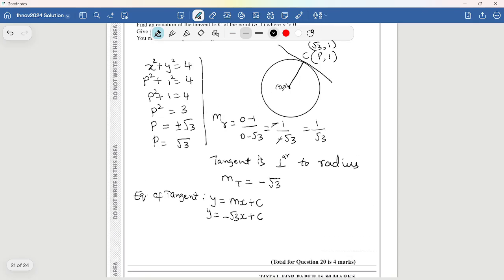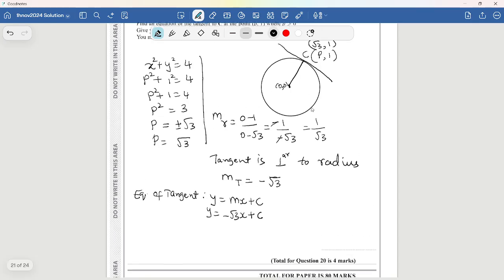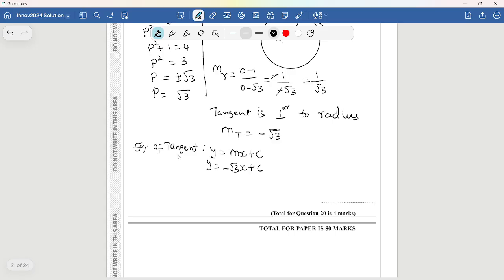The tangent passes through the point root 3 comma 1, so I make use of that point. If I replace the x and y values with the coordinates of this point, I can get the value of c.